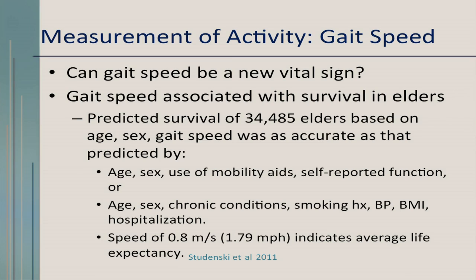So let's look at gait speed for just a moment, and there is some evidence in the literature that gait speed might be considered a new vital sign. Gait speed has been associated with survival in elders.